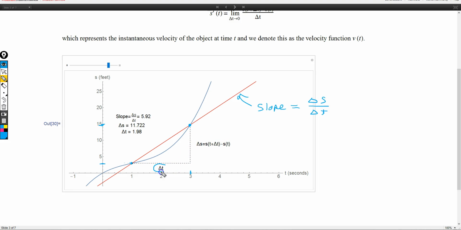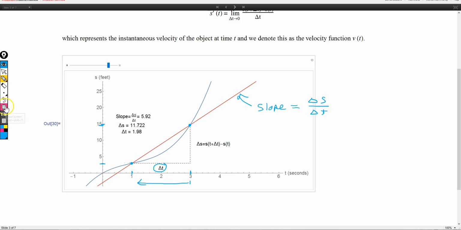Now if we let this delta t approach 0, in other words, if we let this point on the x-axis approach 1, well, this line is going to become the tangent line right here, and the slope of that tangent line is going to represent the instantaneous velocity of the object at that point in time, at time 1.